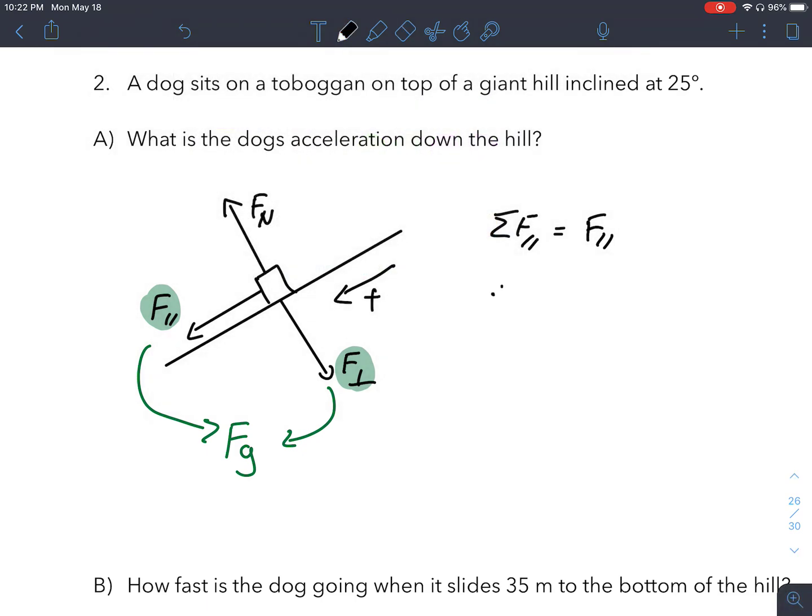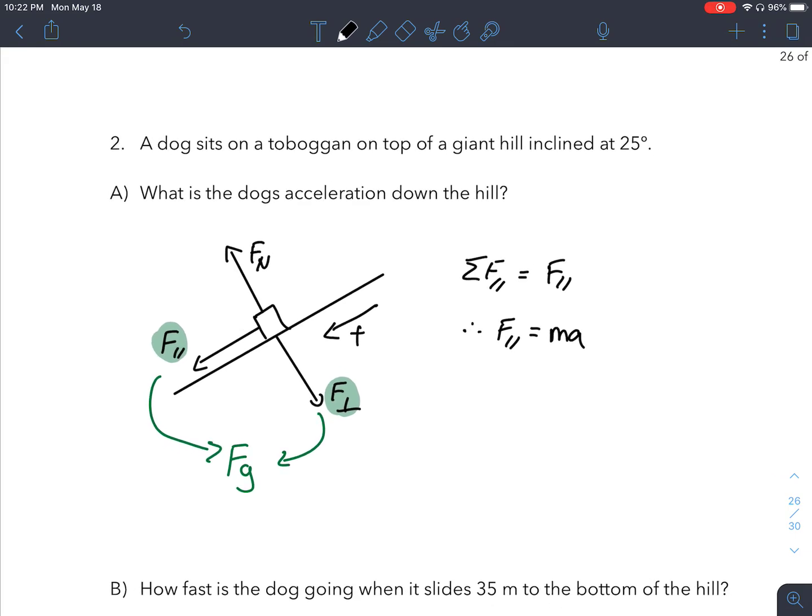Instead, we can just say that the sum of the forces in the parallel direction, F parallel, is equal to mass times acceleration. Now, oh my goodness, there is no mass given. Is that a problem? Maybe, but with inclined planes, something magical happens.